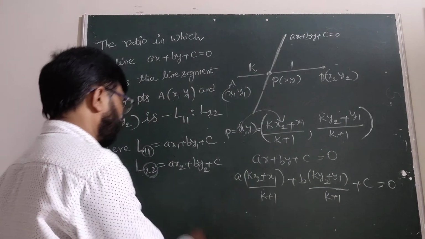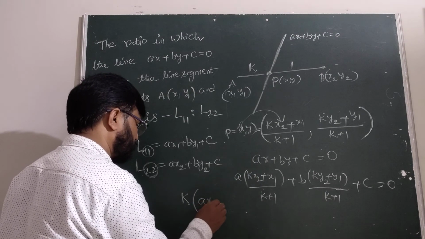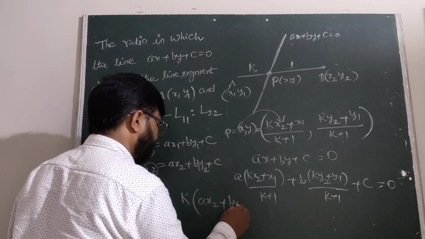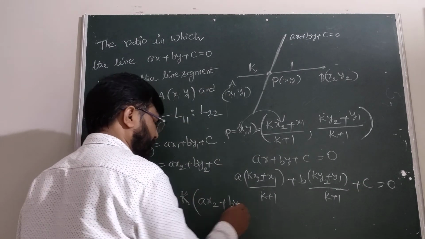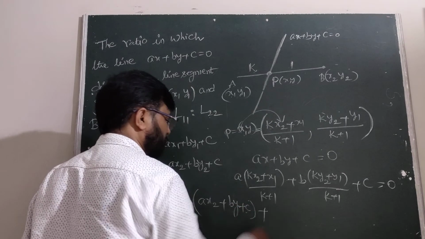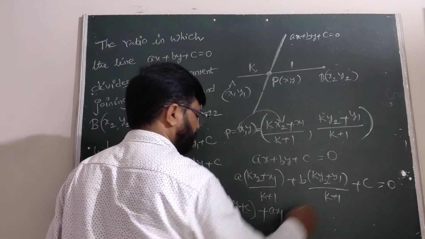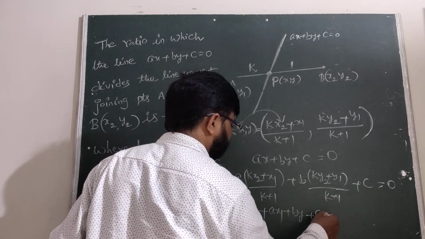First we take the common term k. The remaining is ax2, here by2, and k into c is kc. We take the common k, and the remaining is c. What are the remaining terms? ax1, then the second term by1, and 1 into c.